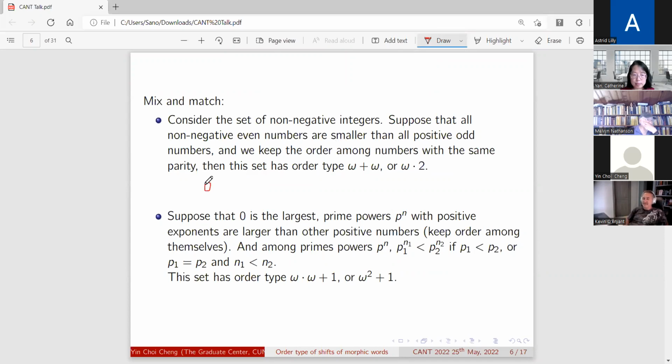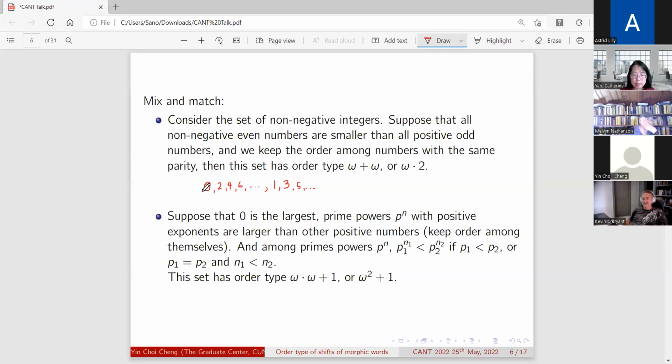We have 0 being the smallest number, followed by 2, and by 4, and 6, and so on. And since all positive odd numbers are larger than all even numbers, 1 is larger than 0, 2, and so on, which is followed by 3, then by 5, and so on.